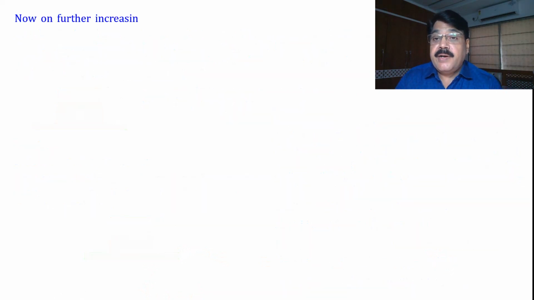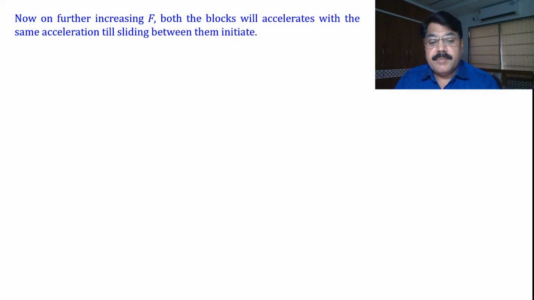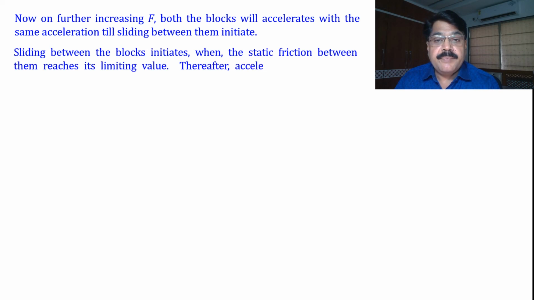Now on further increasing F, both the blocks will accelerate with the same acceleration till sliding between them initiates. Sliding between the blocks initiates when the static friction between them reaches its limiting value. Thereafter, the accelerations of both the blocks will become different.